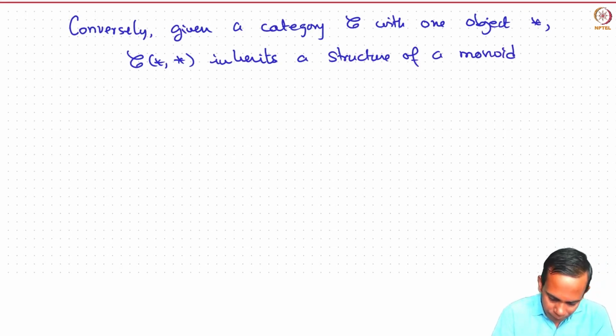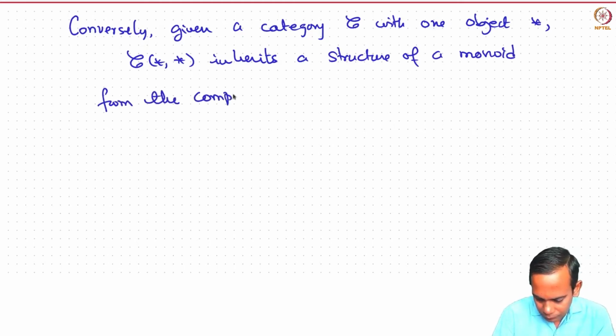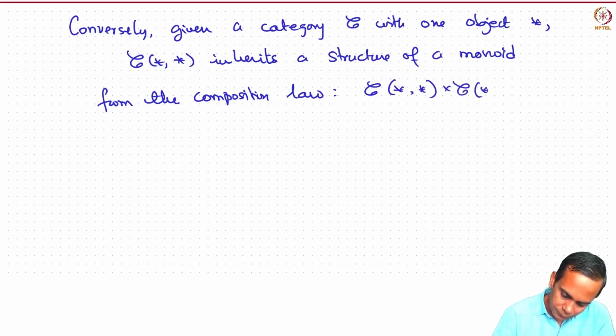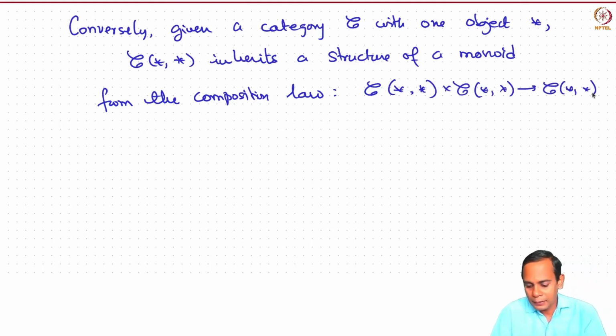From the composition law, the category has a composition law, and that gives you a function from C(star, star) cross C(star, star) to C(star, star), and this is a binary operation which gives C(star, star) the structure of a monoid.